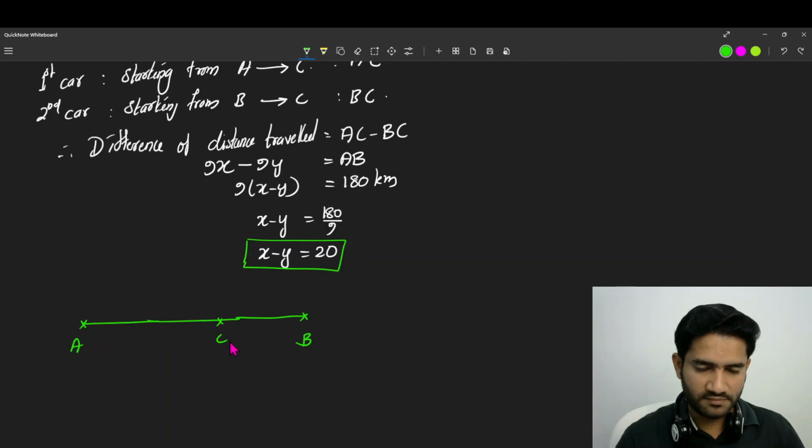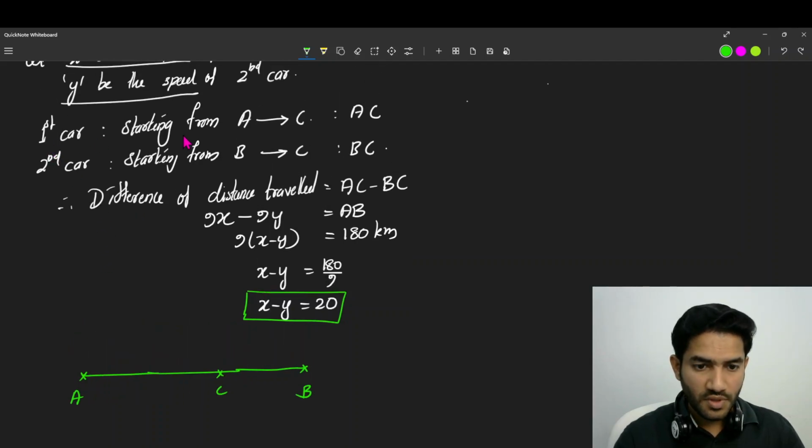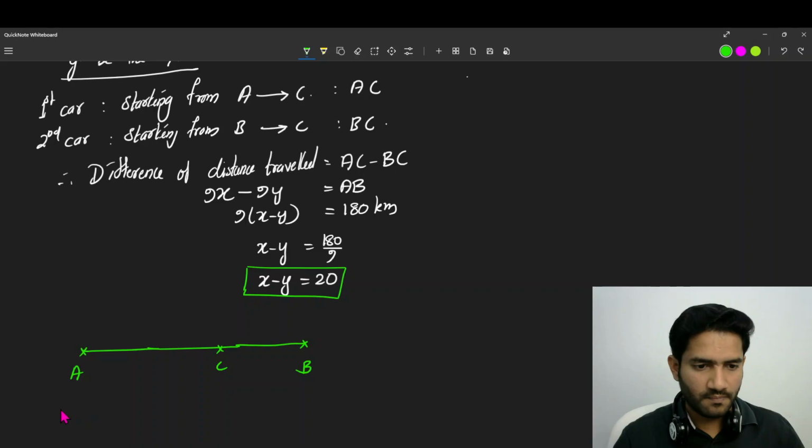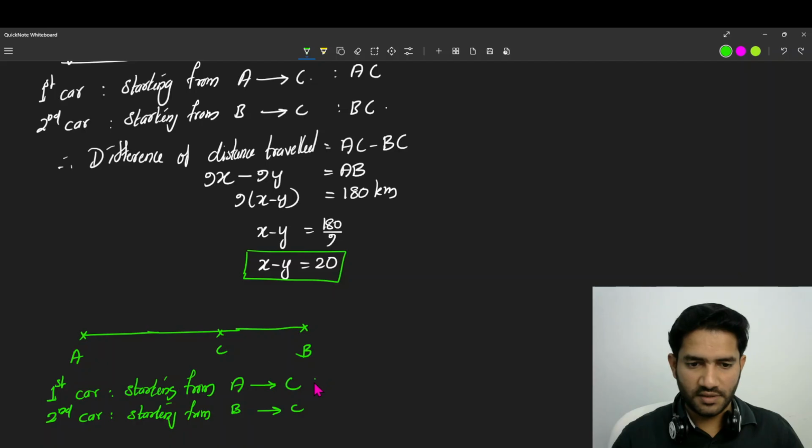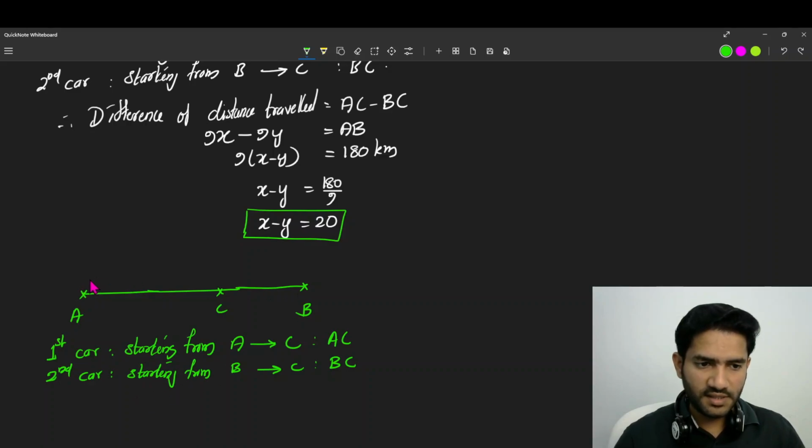So they will meet at C. Here the distance traveled by first car, starting from A to C, and second car, starting from B to C. So this is AC, this is BC, but the distance AB is given.